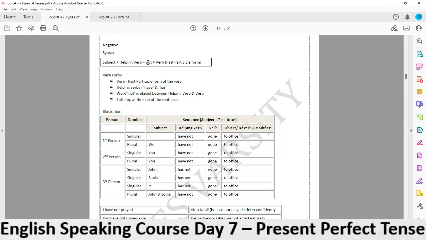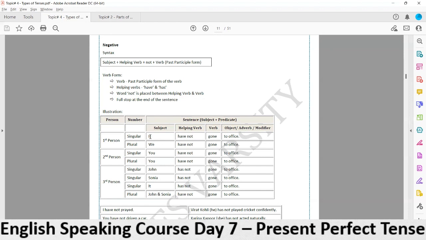In a negative sentence, the word not is added to the helping verb, and the rest remains the same. The verb form remains the third form of the verb, the past participle, and have or has is used based on the pronoun. So the word not is placed between the helping verb and the verb.